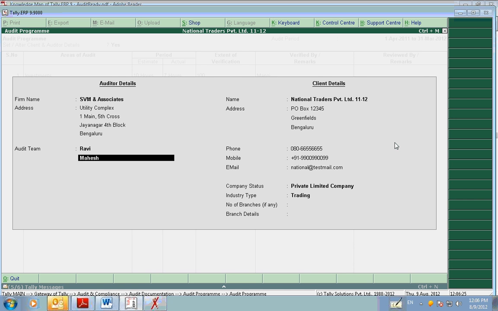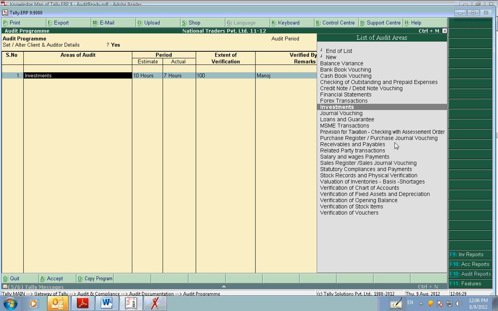Right? So here, by default you have the list of audit areas, you can select them accordingly, and if you want, you can create a new one.